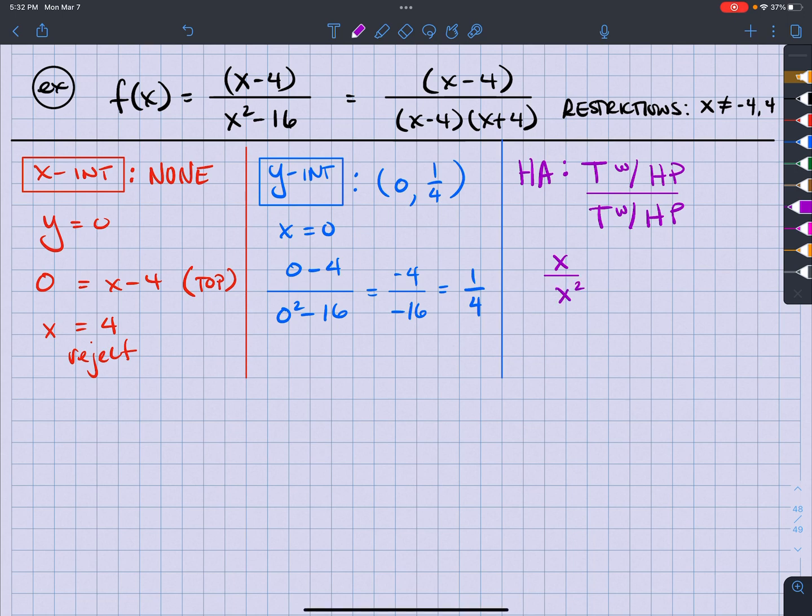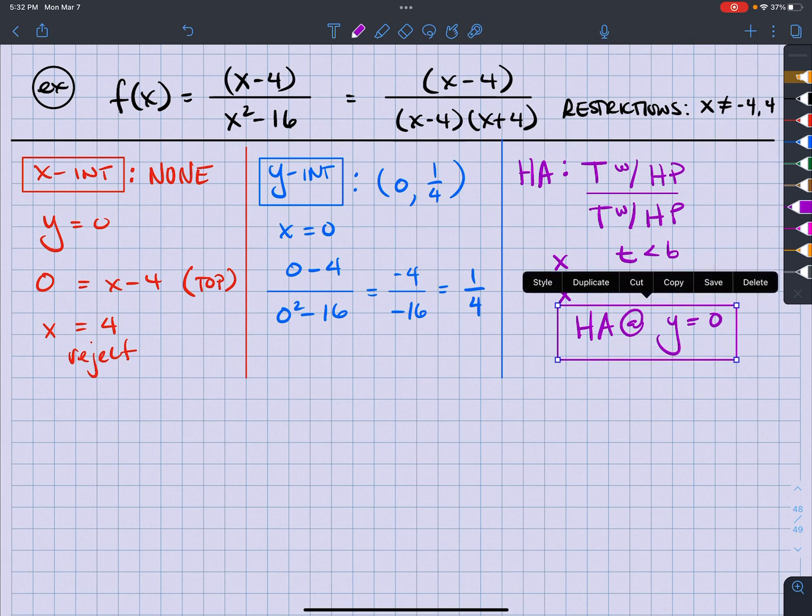Since the top power is less than the bottom power, that means I have a horizontal asymptote at y equals 0. Okay, so there we go. That'll be good to know.